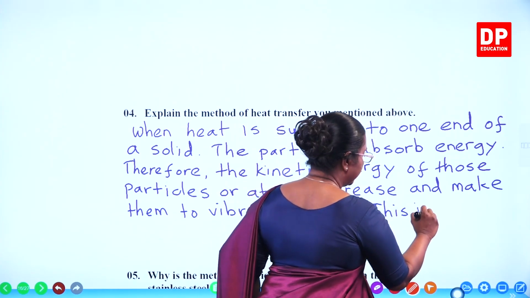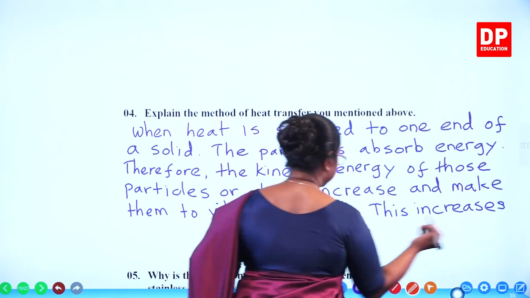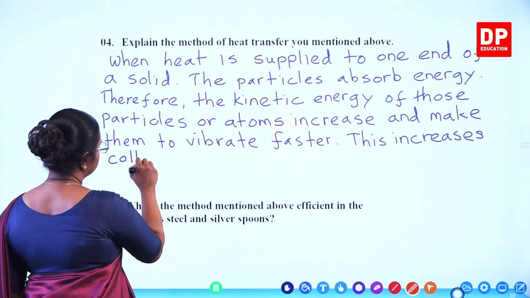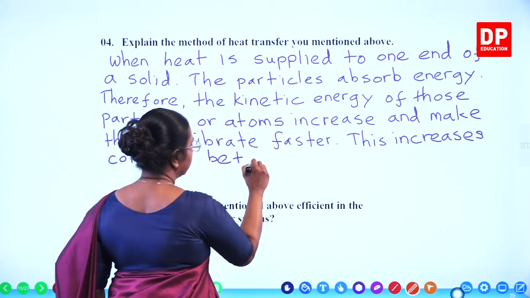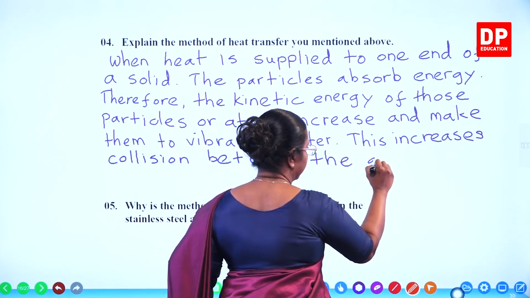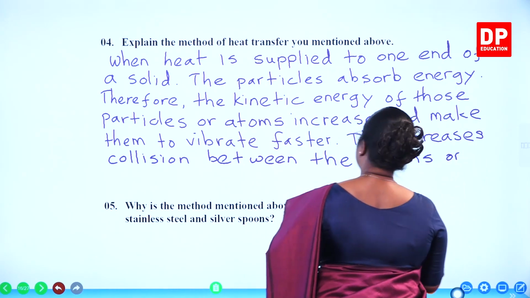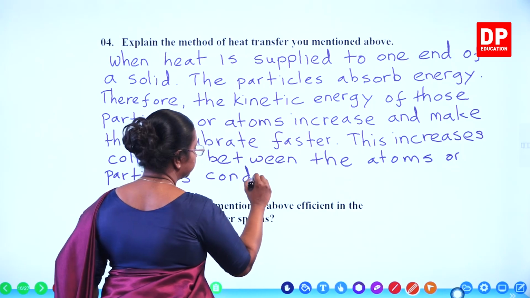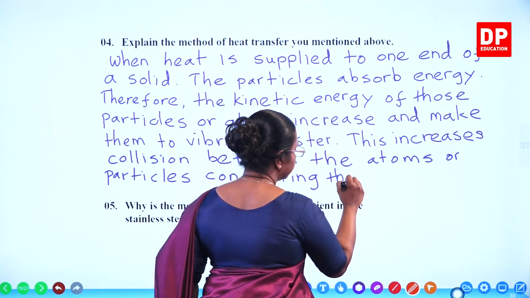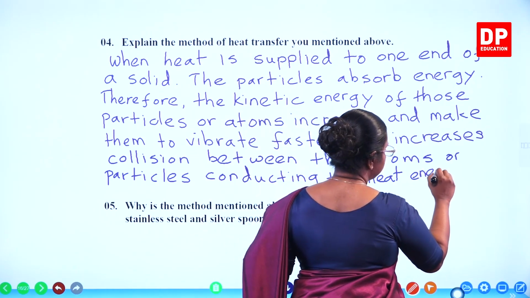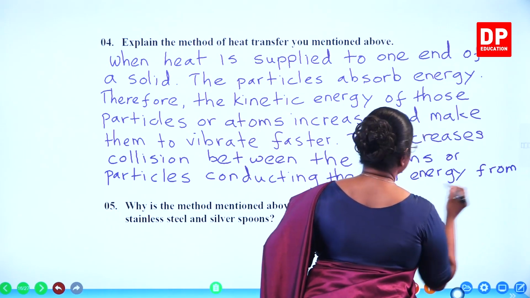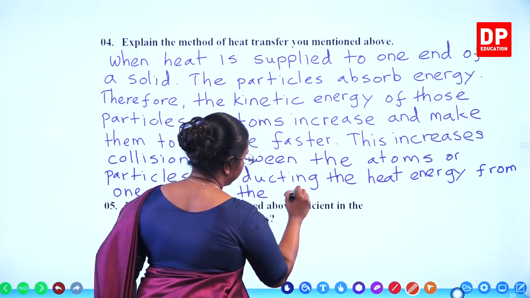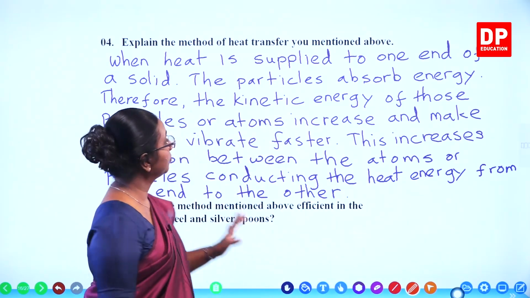This increases collision between the atoms, or you can say particles, conducting the heat energy from one end to the other. So that is the process of conduction.